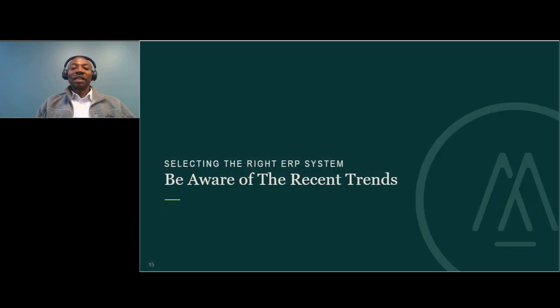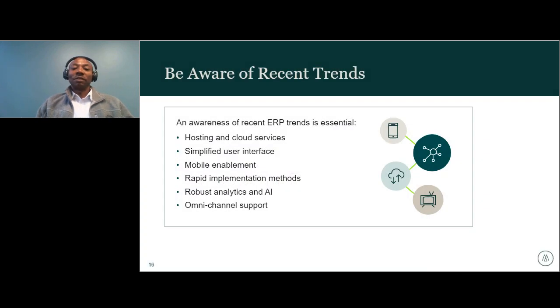So selecting the right ERP system also requires being aware of recent trends. It is especially important because the ERP landscape has changed significantly in the last decade. The number one trend is that the traditional on-premise deployment methods have been upstaged by easier to deploy cloud solutions. And so most vendors now offer cloud hosting services.